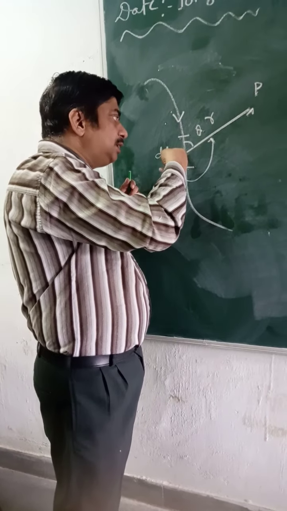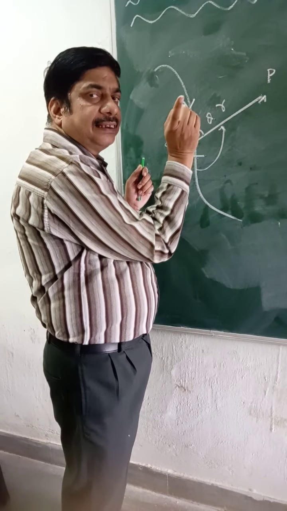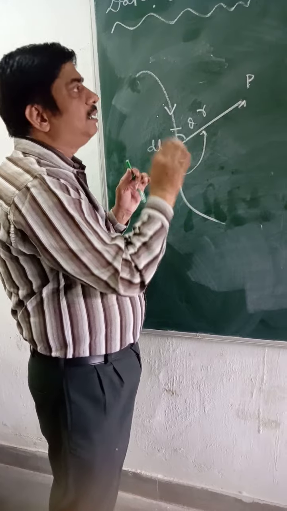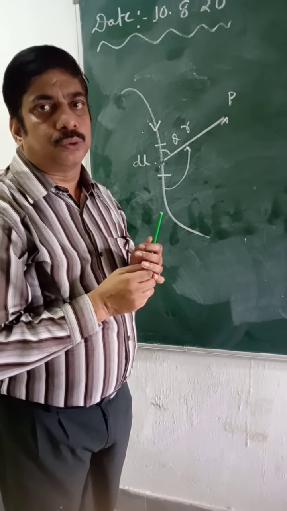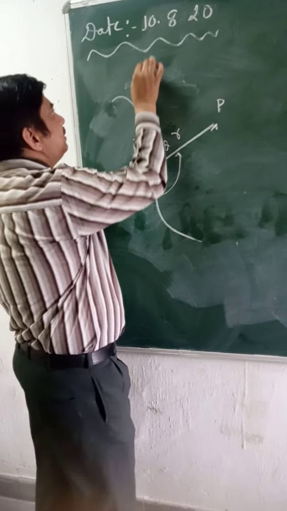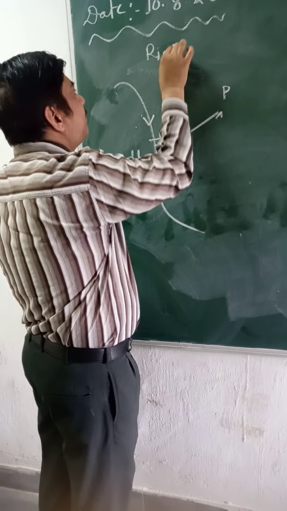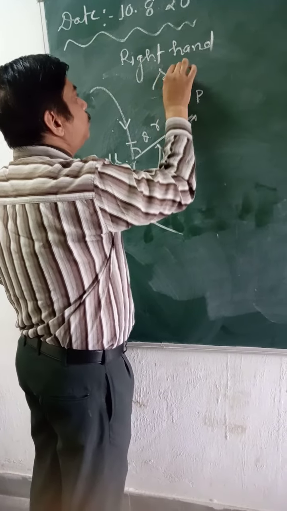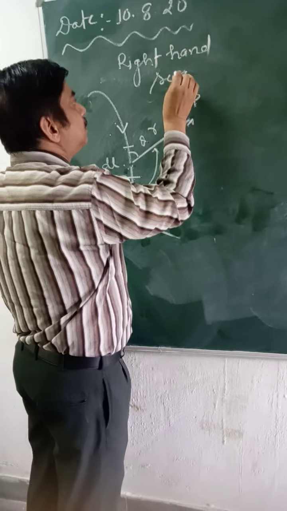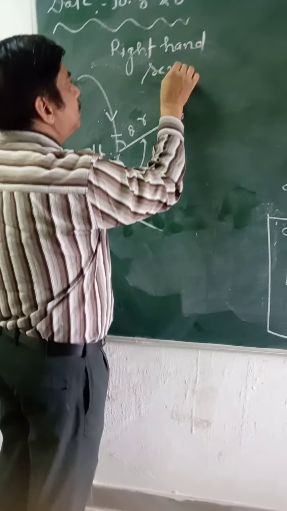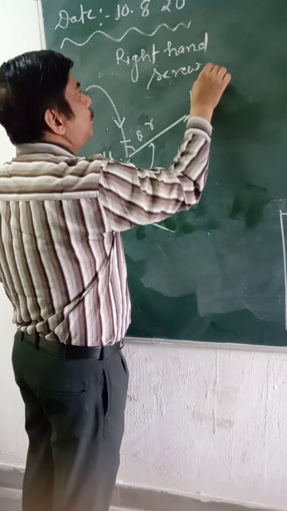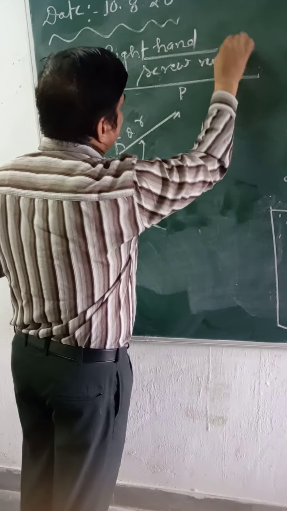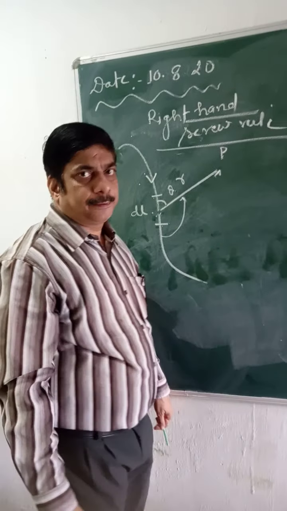So this is into the blackboard and that is out of the blackboard. This is called the right hand screw rule, and with its help we can find the direction of the magnetic field.